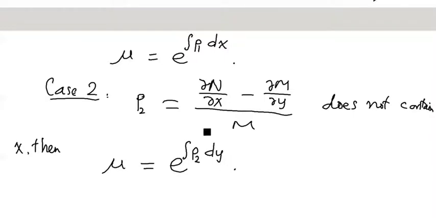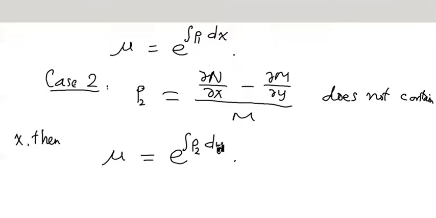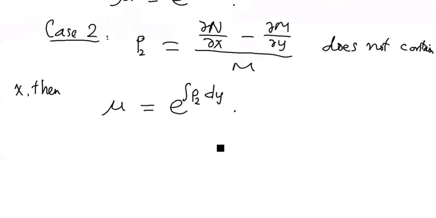We need to be careful, depending on which case. Like the first case, we have integral dx, and the second case we have integral dy. After we have found the integrating factor, we multiply the non-exact equation by mu, and then we will have an exact equation. So let's see how it works by looking at a few examples.